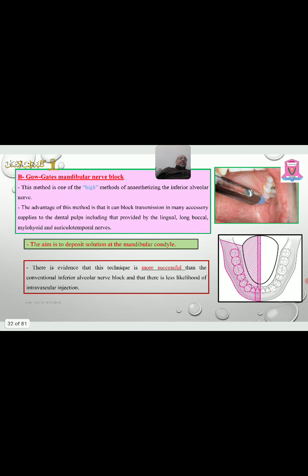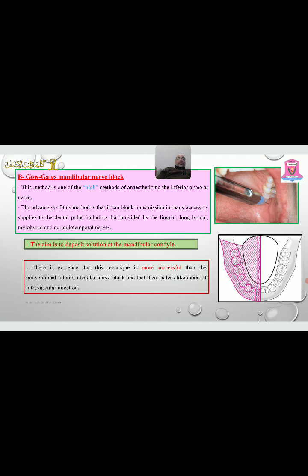هذا غطينا اللونج بكال نيرف بلوك والانفيريور الفيولار نيرف بلوك. التكنيك الآخر for mandibular anesthesia هو Go Gates mandibular nerve block.